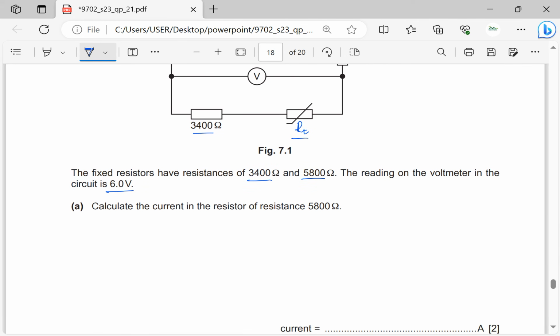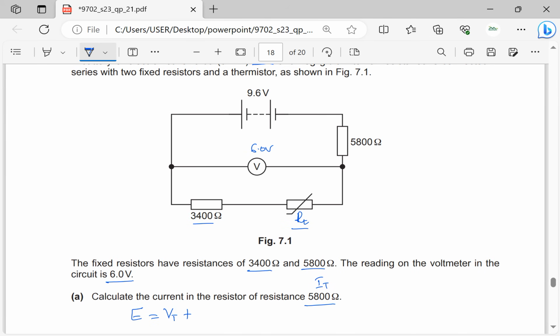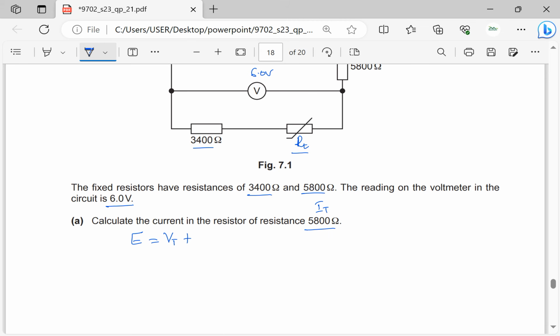Okay. Calculate the current in the resistor of resistance 5800. So we now need total current, I total current. Of course, we know that the EMF is equal to the terminal PD plus, I think there is no internal resistance here.